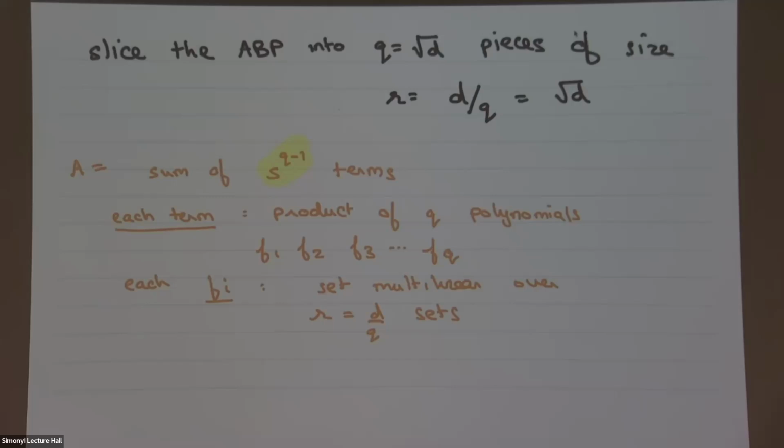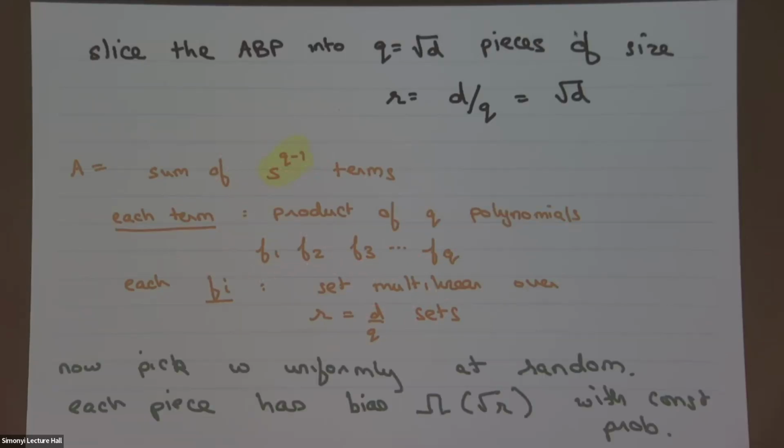So I'm just going to give up on this. This is going to hurt my final calculation, the final rank bound. But fine, let's see what happens. So I have S to the Q minus 1 terms. Each term is a product of Q polynomials, where each of these Q polynomials is set multilinear over D over Q sets. So it's a product of square root D polynomials, each depending on square root D variables.